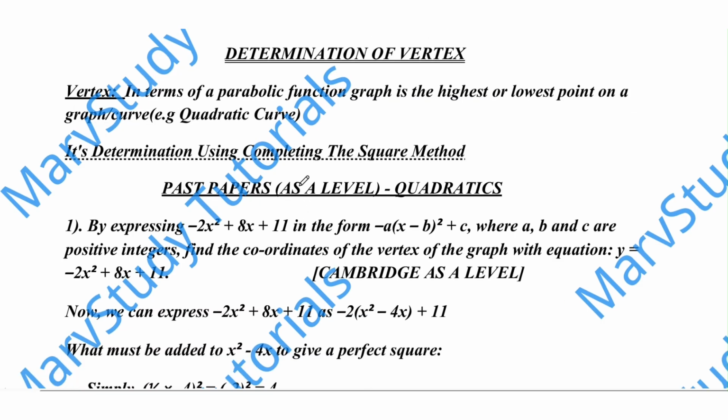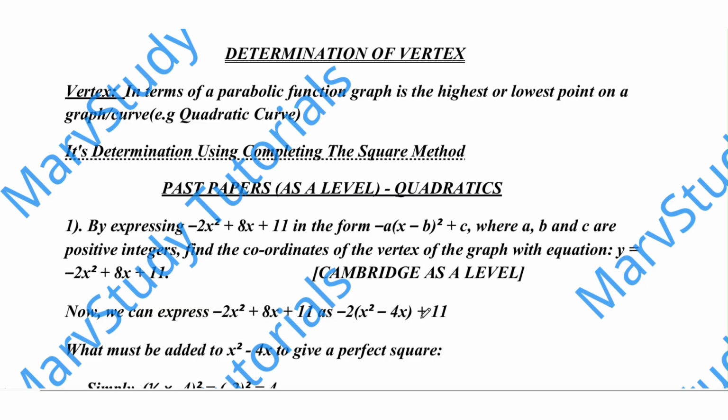We are not considering the constant term, which is 11 in this case. So if you bring out negative 2, which is common to negative 2 and 8, negative 2x squared divided by negative 2 is going to give us a positive x squared in the bracket. Then 8x divided by negative 2 is going to give us a negative 4x, right? So we have x squared negative 4x, and remember we still have our plus 11.